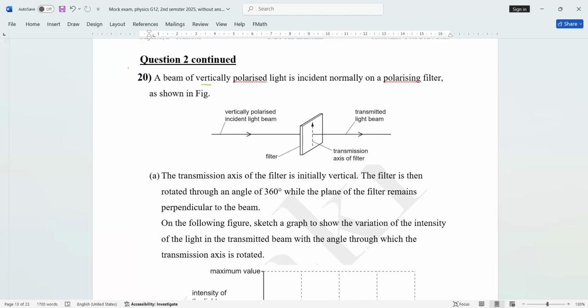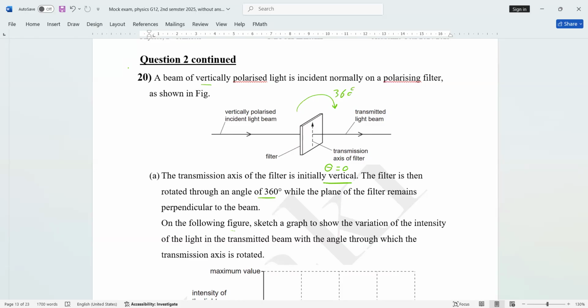The transmission axis of the filter is initially vertical. Vertical means the maximum, because theta equals 0. The filter is then rotated through an angle of 360 degrees, while the plane of the filter remains perpendicular to the beam.